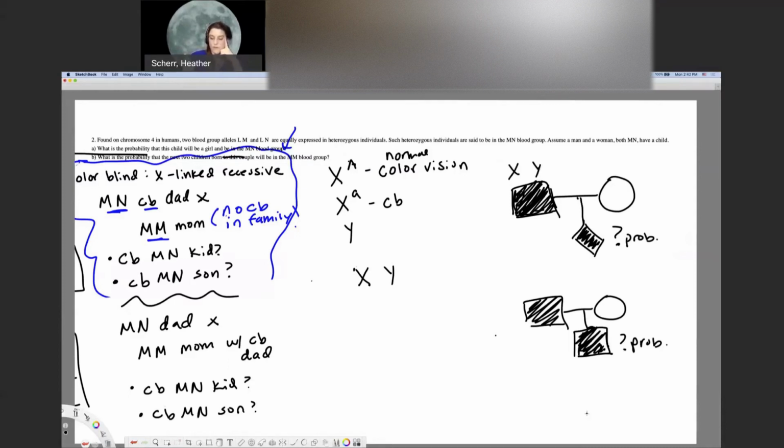So we always know that the males and females have the XY and the XX. Since the father is colorblind, that means he has the recessive allele. Boom, we're done with that. The mother is not colorblind, as she doesn't have color blindness in her family, so she likely has 2 big A's. Okay, what's the probability that they have a colorblind kid? And so you can write this out here.